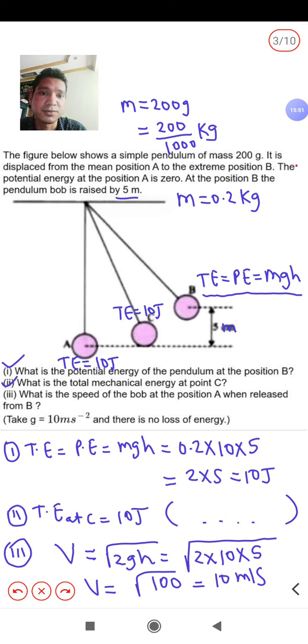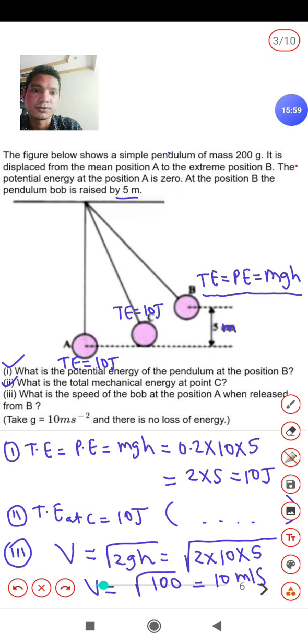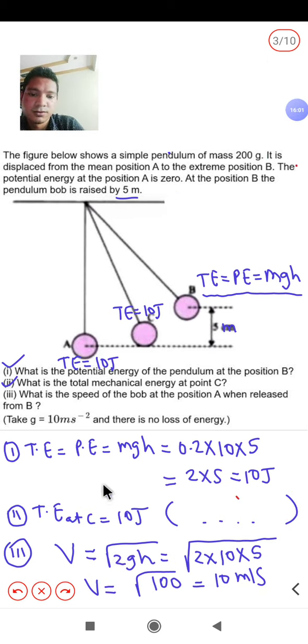Okay, now let me explain how this formula basically came. Again we are going to use the law of conservation of mechanical energy only. Let me explain why v is equal to under root 2gh, because we know that at this position total potential energy will get converted into kinetic energy at the bottom.